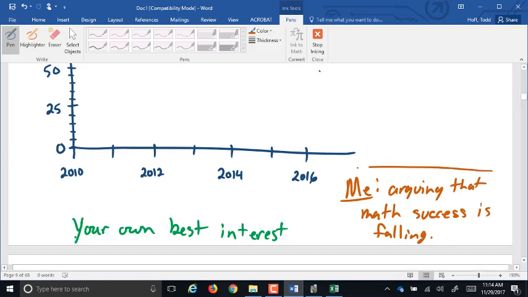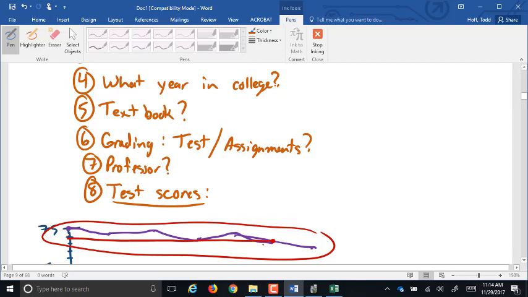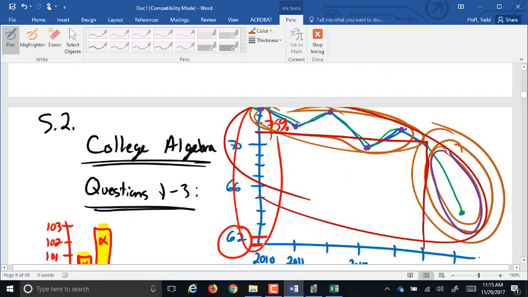If I am trying to claim that the success is getting smaller every year, of course, I would want to use this one because it looks more like they're falling.